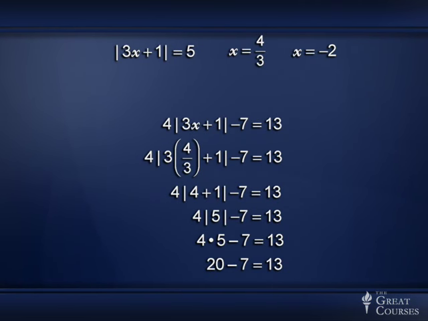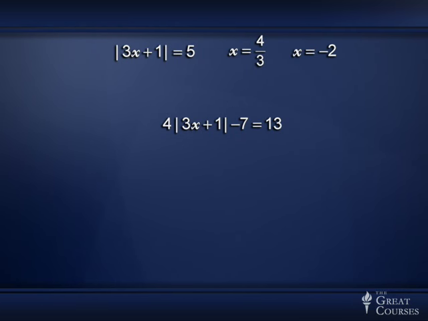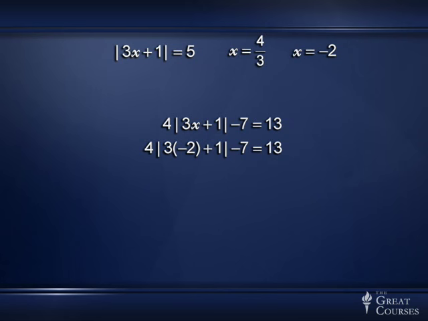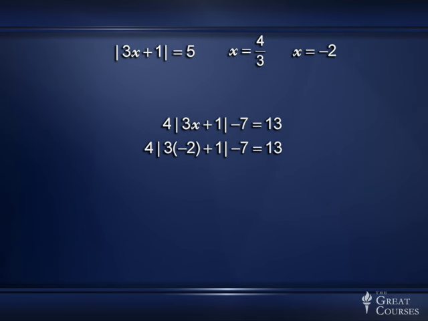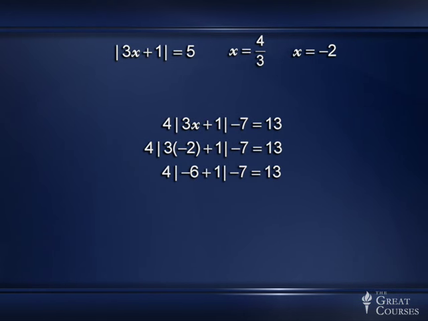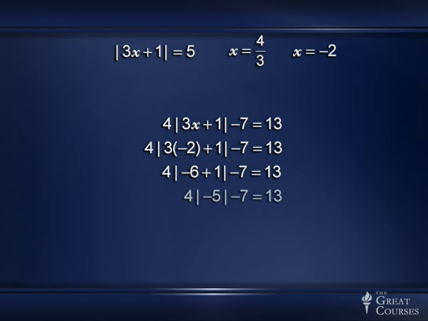solution. Now, let's try plugging in the other value, x equals negative 2. If I do that, I'll have 4 times absolute value of 3 times negative 2 plus 1 minus 7 equals 13. 3 times negative 2 is negative 6. Negative 6 plus 1 is negative 5.